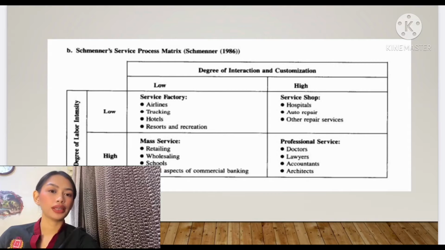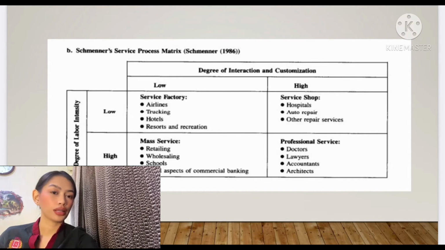He came up with this model because the first model that was made about customer contact approach, which is the Chase's customer contact model, lacks information, and a lot of researchers have questions about the model. So in return, he made this new model which can answer those questions and explain further the idea of customer contact approach.